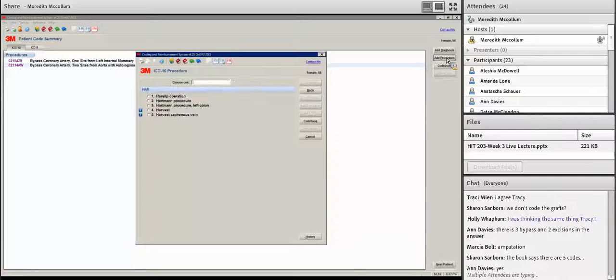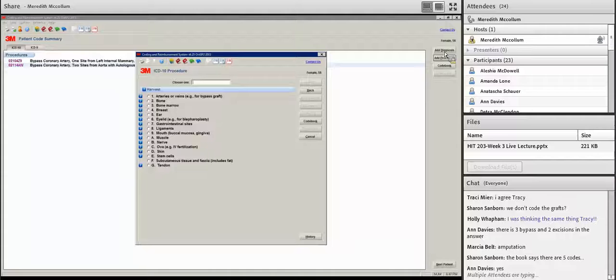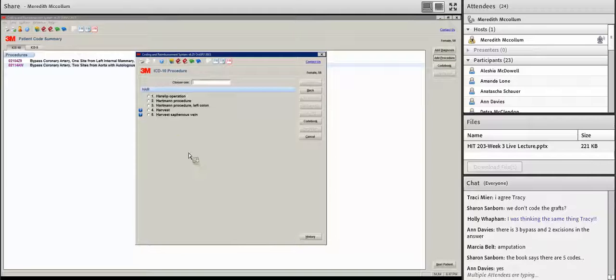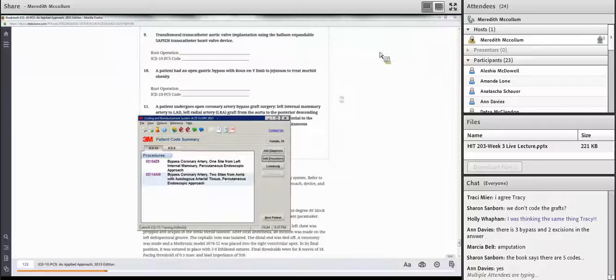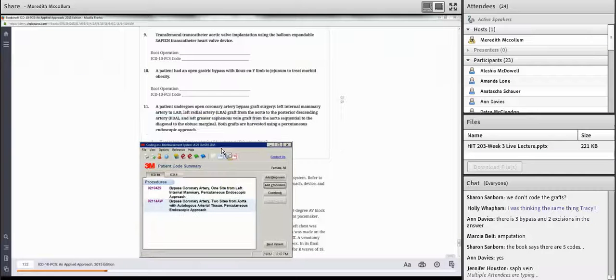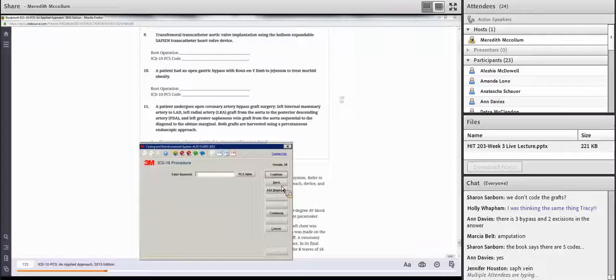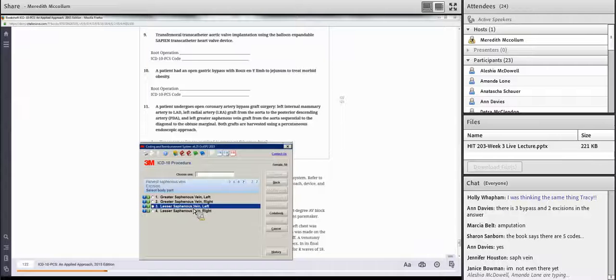So harvest, I'm sorry, let me go back. Let me minimize this. Both grafts are harvested using the percutaneous approach. The saphenous vein, thank you. And I can't spell. Okay, saphenous vein.